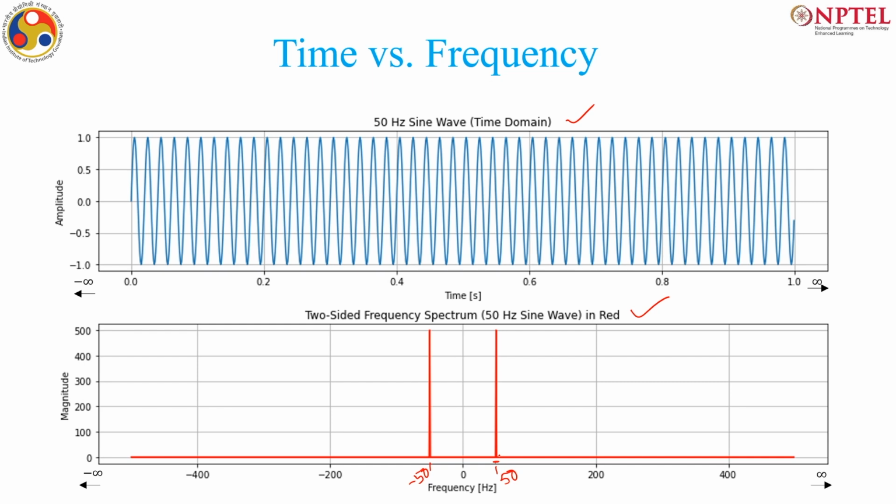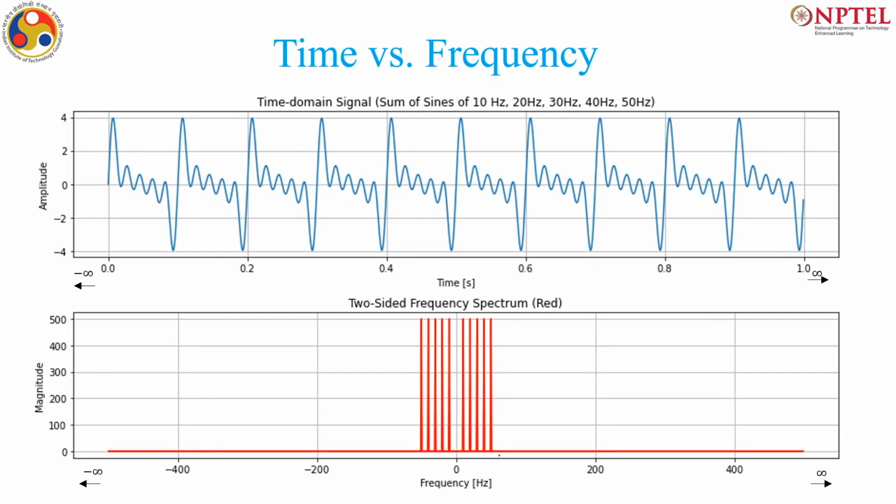This looks very nice. Again, if we have a sum of sinusoids, for example a signal which is a sum of 10 hertz, 20 hertz, 30 hertz, 40 hertz and 50 hertz, in time domain we can see the signal is like this.